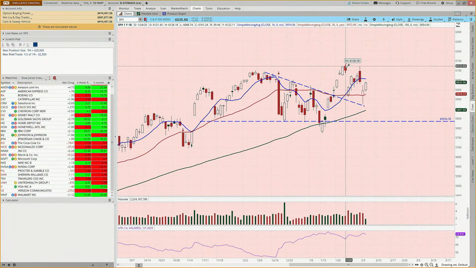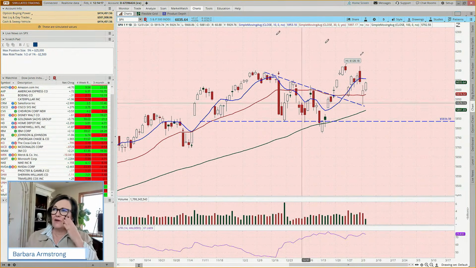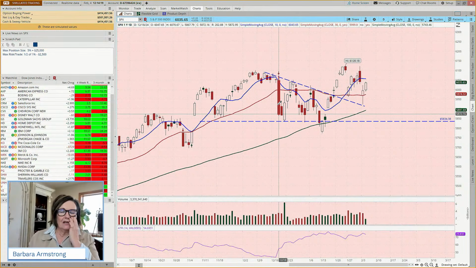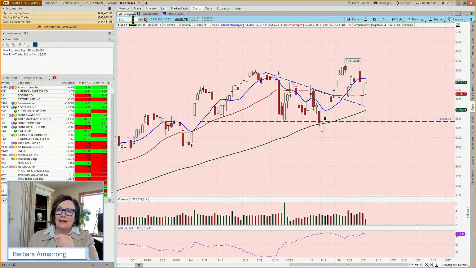But this was a new all-time high for this index. Okay, and this is really to focus on an introduction to technical analysis. So we aren't going to spend a lot of time talking about the market in general. Let's go and start looking at some of these price patterns.